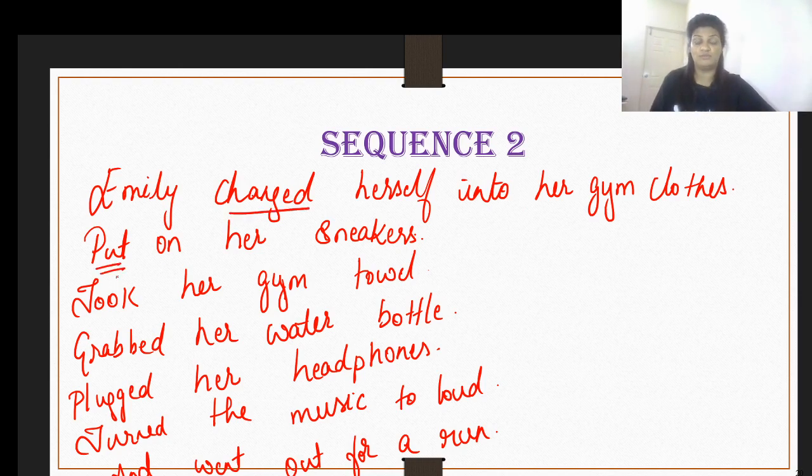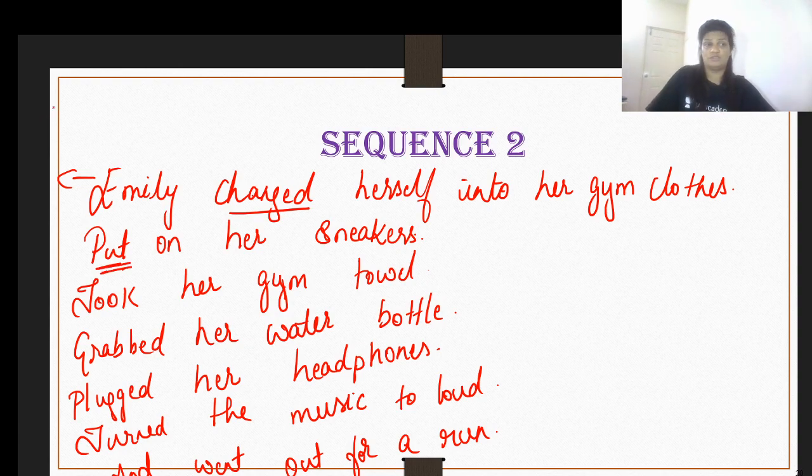Like I told you, the person is the same person, therefore we need not mention she, or we need not even mention Emily put on her clothes or sneakers, took her gym towel. That's irrelevant. That's not necessary at all. Now, here Emily changed herself into gym clothes, put on her sneakers. Of course, we're talking about Emily.